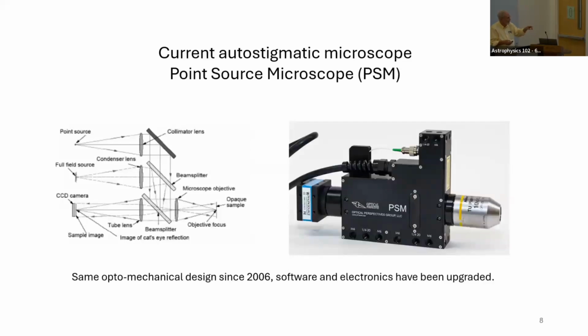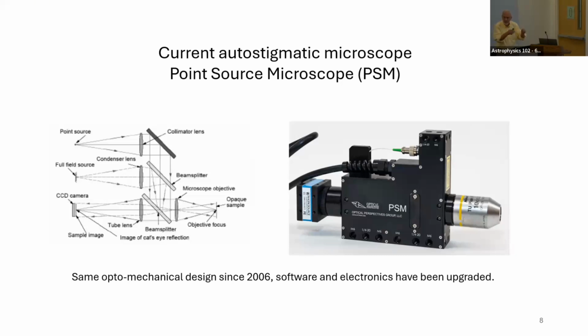So this is the current DSM. I've got one in my briefcase, so if anyone wants to see the real hardware, I'll bring it out. We've got our point source, which goes down through a microscope objective and comes back through the tube lens onto your CCD camera here. In addition, we've got a full field color illumination source, so the thing images as well.